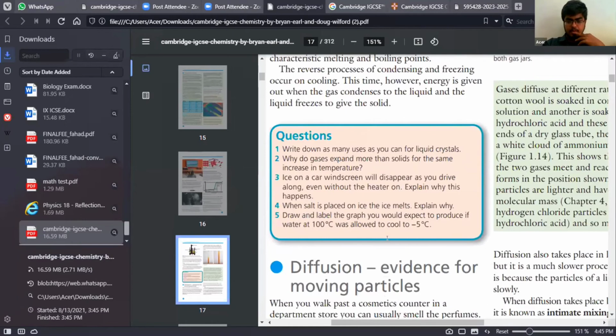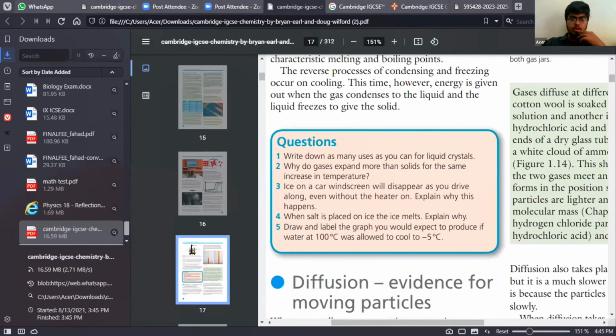Why do gases expand more than solids for the same increase in temperature? Can you answer this? Because gases are free, they are not compressed in a certain position.